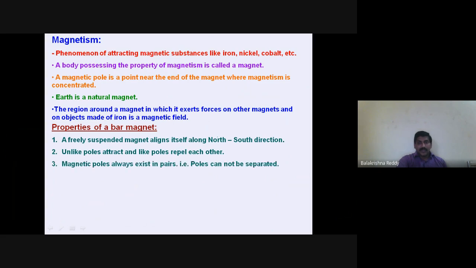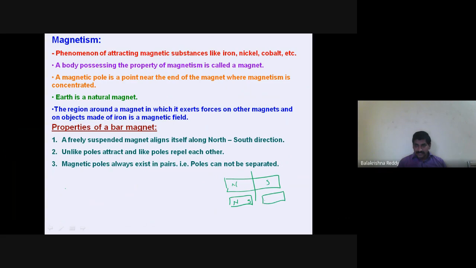Magnetic poles always exist in pairs. Magnetic poles never exist individually. For example, if you break a magnet like this, which was north-south before, it will be divided into this as north, this as south.